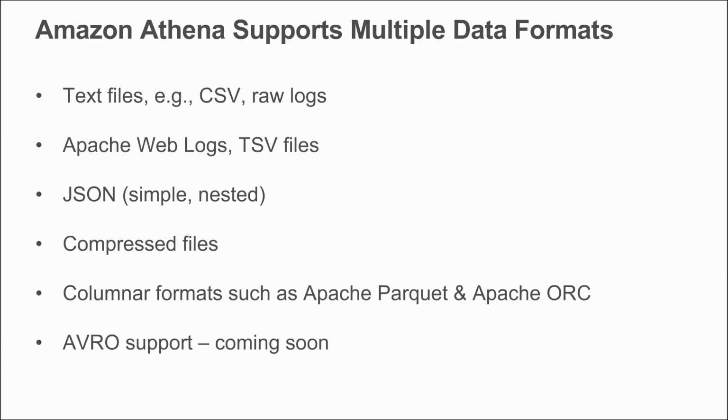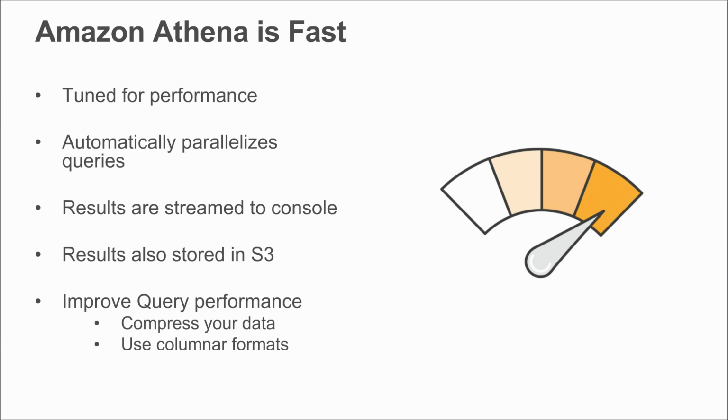For all of these, you can store the data in S3, and because Athena also is able to read these open source formats, it allows you to interop between these different stacks and keep your data in S3. So today we don't have Avro support, but that's also coming soon in Athena, so watch out for that.